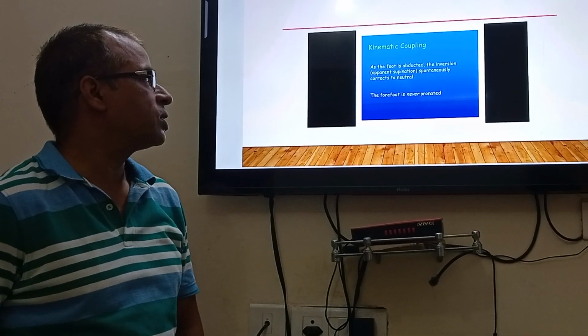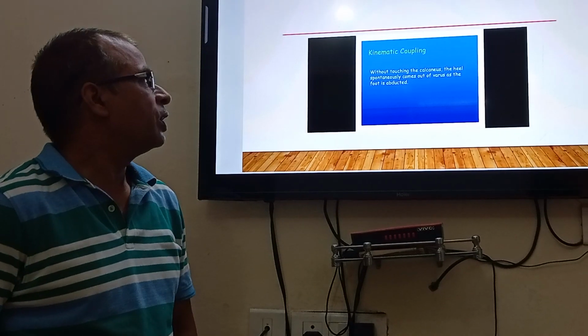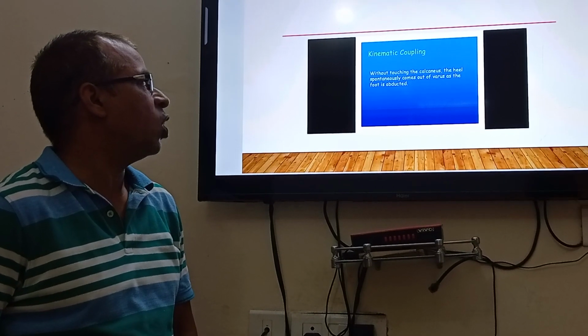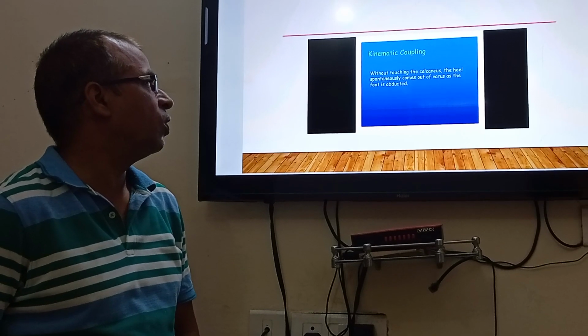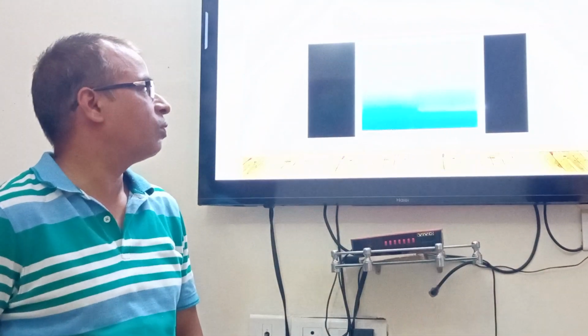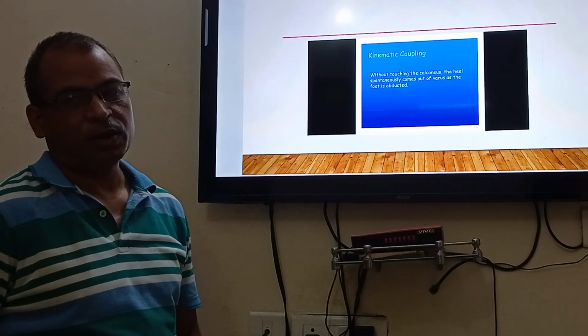The forefoot is never pronated. And without touching the calcaneus, the heel spontaneously comes out of the varus as the foot is abducted. So forefoot abduction, abduction of the foot is very essential. Full abduction is necessary.